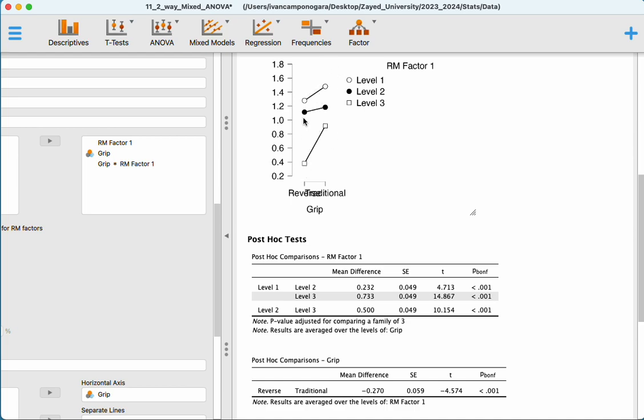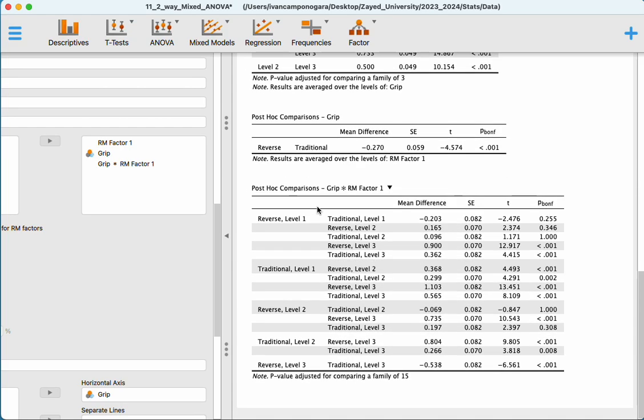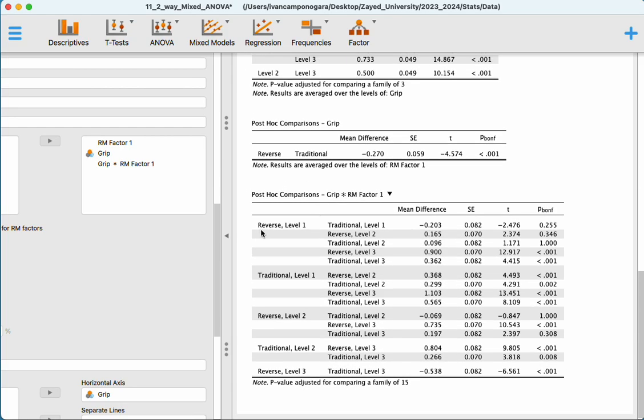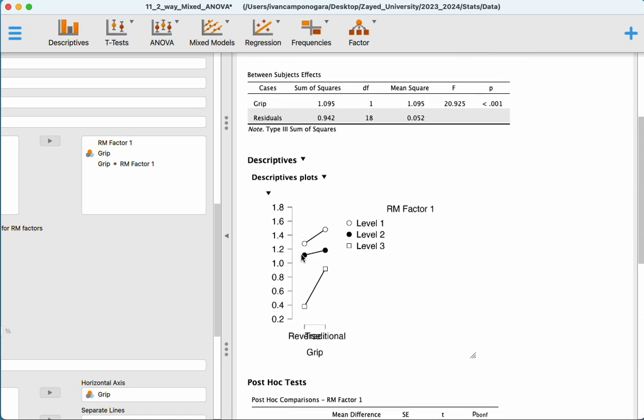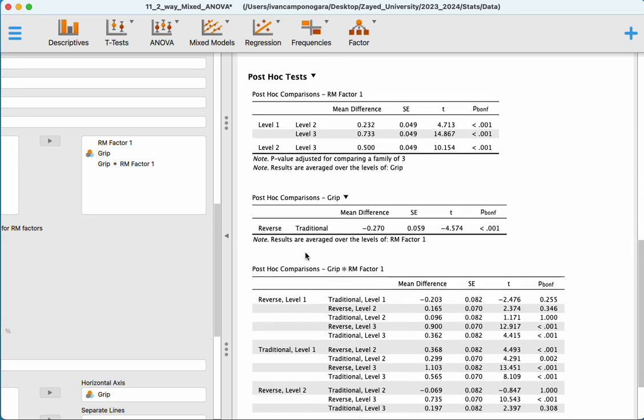So if level 1 of the reverse is different than level 3 of the reverse and is different than level 2 of the reverse, and you can check it from here. So we have reverse level 1 and reverse level 2, and we go here and we see that they're not different. So these two data points, which is the grip force after 30 and 50 days of training, give almost the same result. So there is no statistical difference.